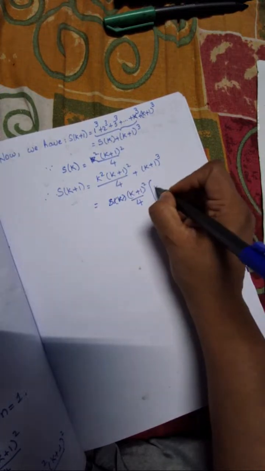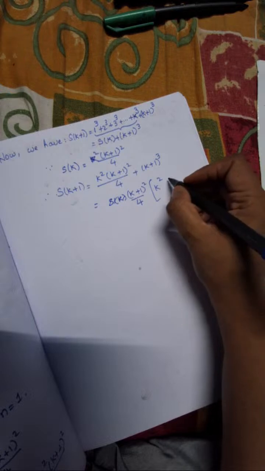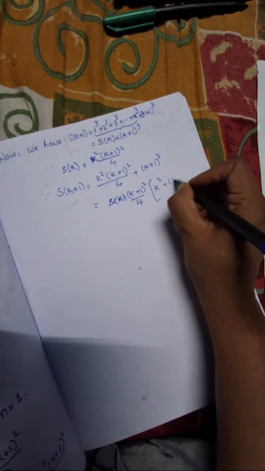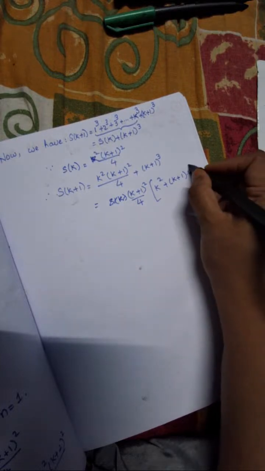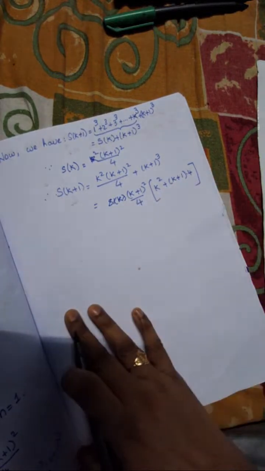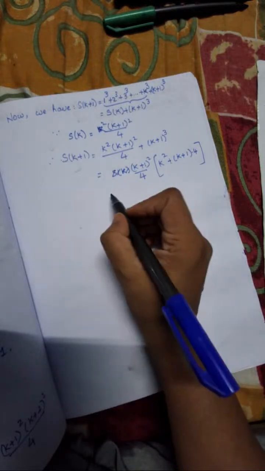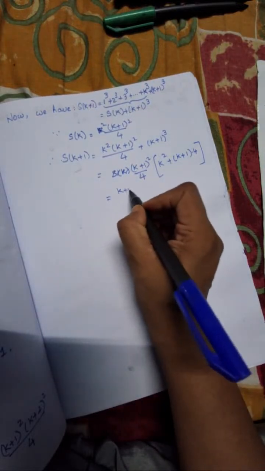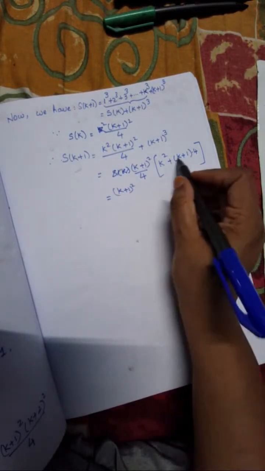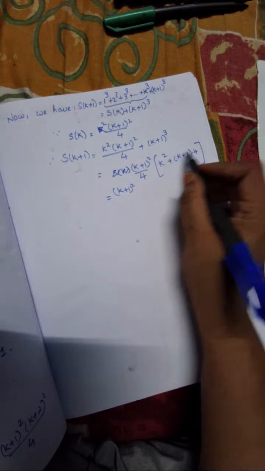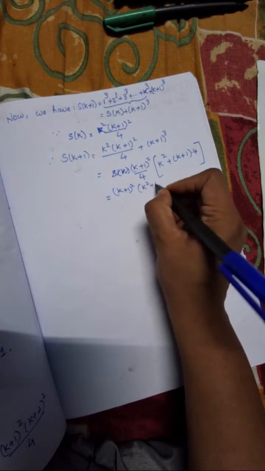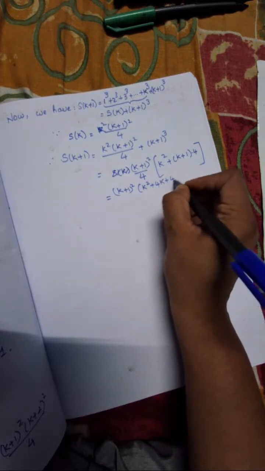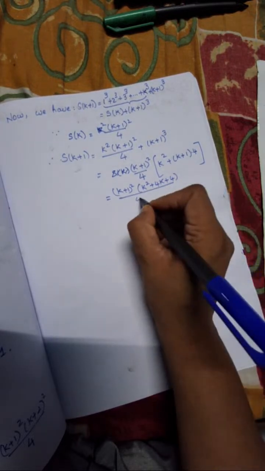Remaining one is k², and here k+1 is remaining into 4, so that 4 is also taken as common. Now what, (k+1)² into (k² + 4k + 4) by 4. Simplify this one, 4k + 4 by 4.